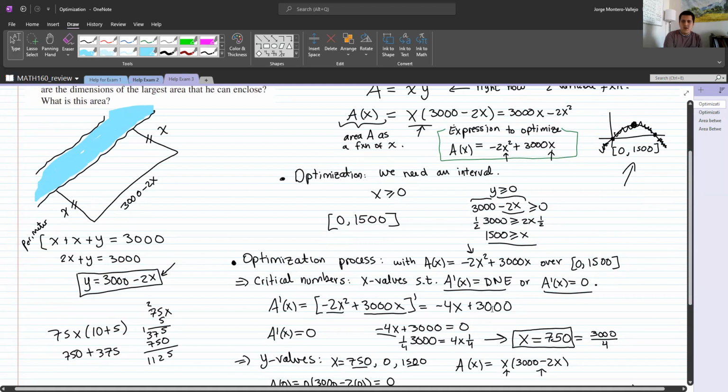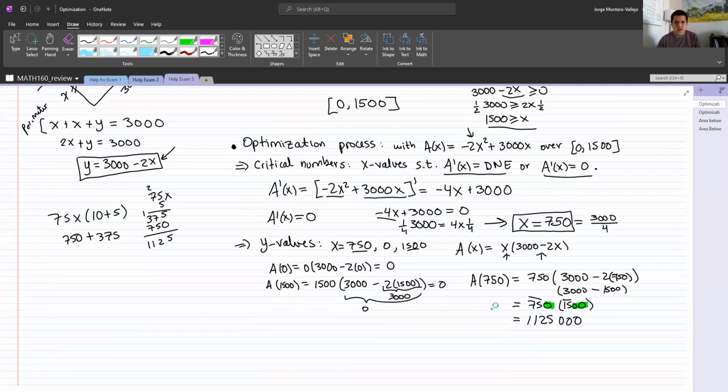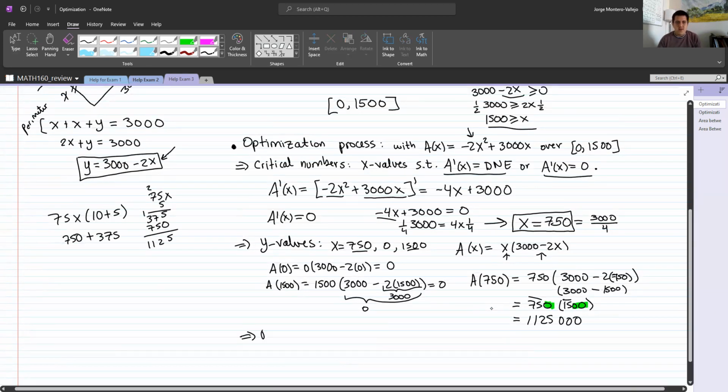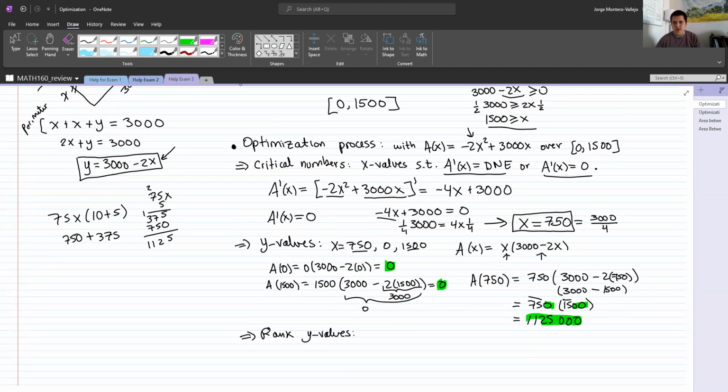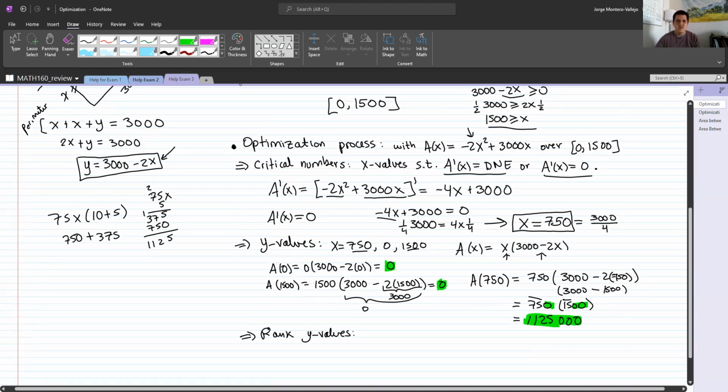Okay. And of course, the next thing is to rank them. The next thing is to rank Y values, right? But of course, the Y values that we got are either 0, 0, and then this big number that we got. So of course, that's going to be the max, right? So we know the max.